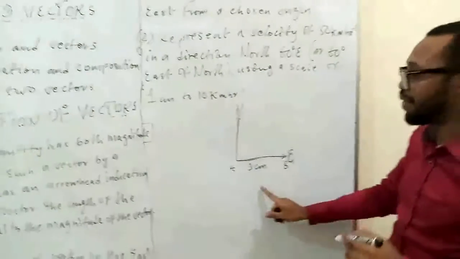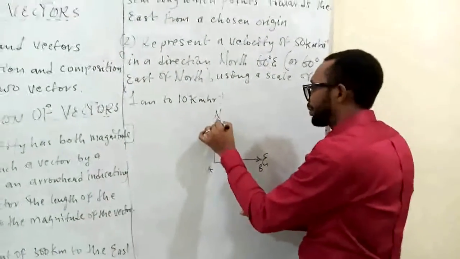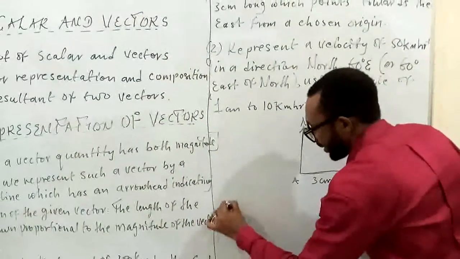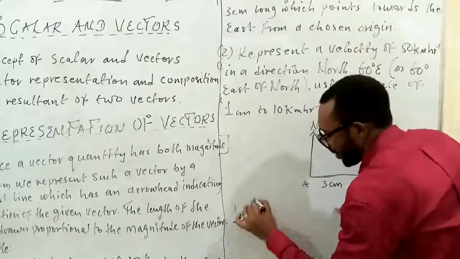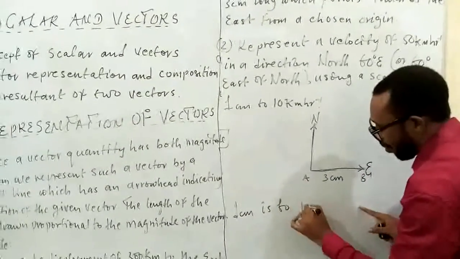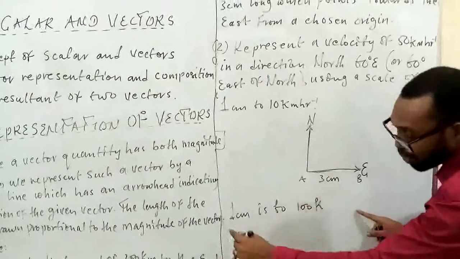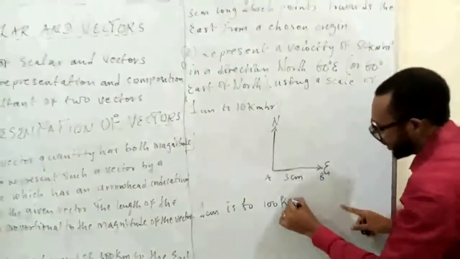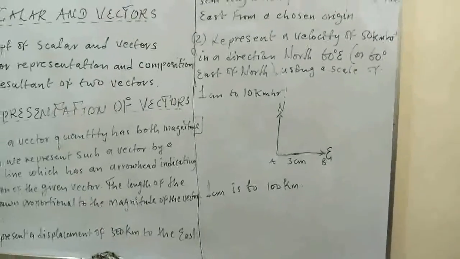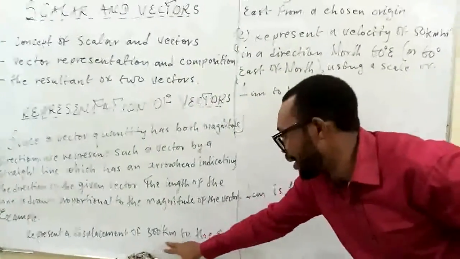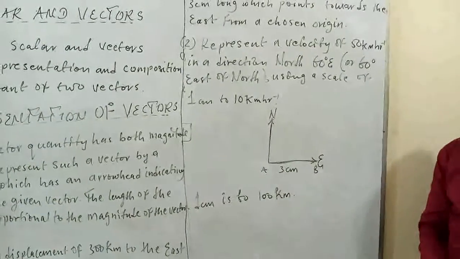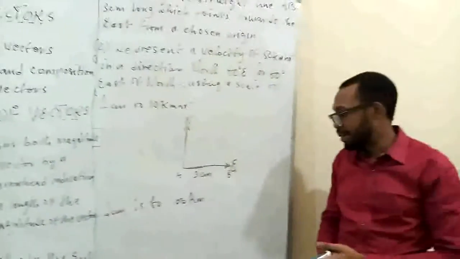Don't forget we have a scale which represents 1 centimeter to 100 kilometers. So where the displacement is 300 kilometers, it is represented as 3 centimeters. Is that clear? Did you get that?